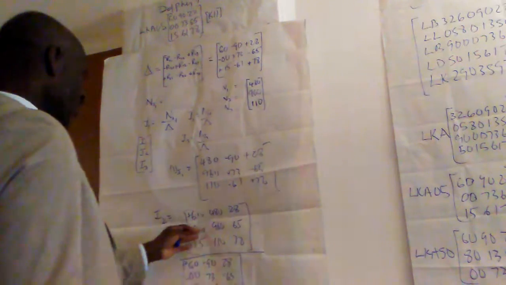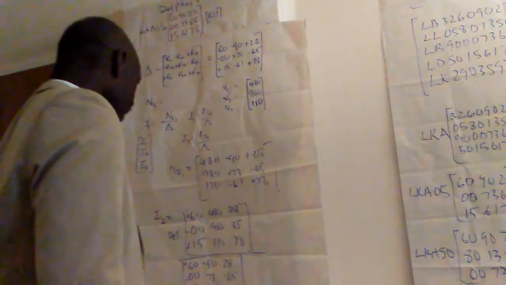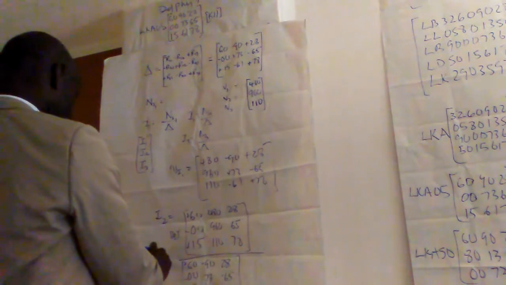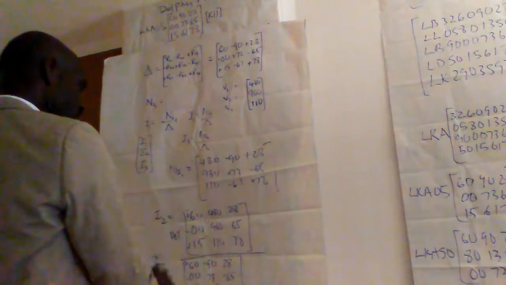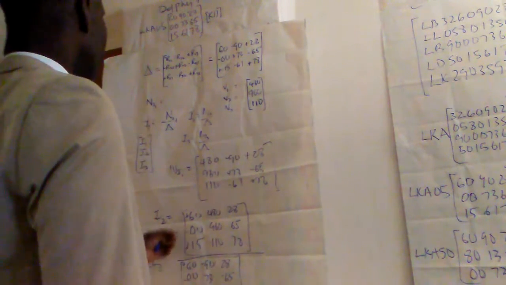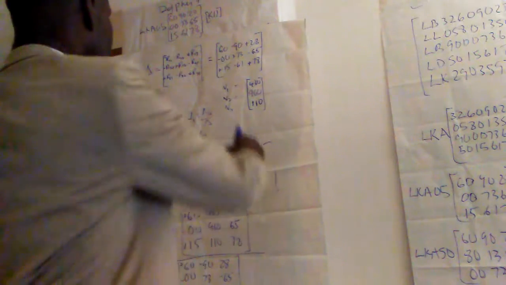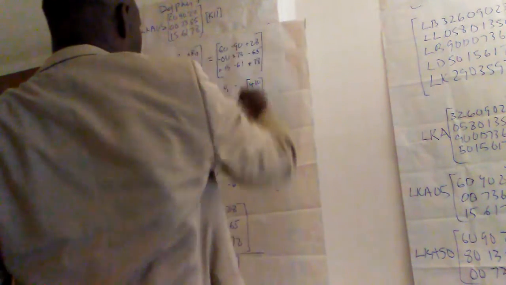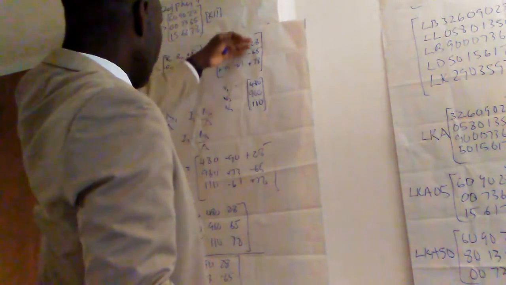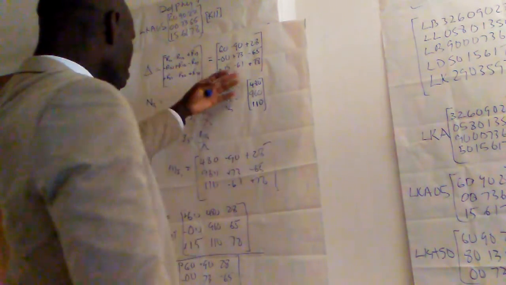So it's the determinant of this over the determinant of this, and that will give us I2. Similarly, I3 will be found by replacing the voltage value in the last column, finding the determinant, that will give us a numerator value.